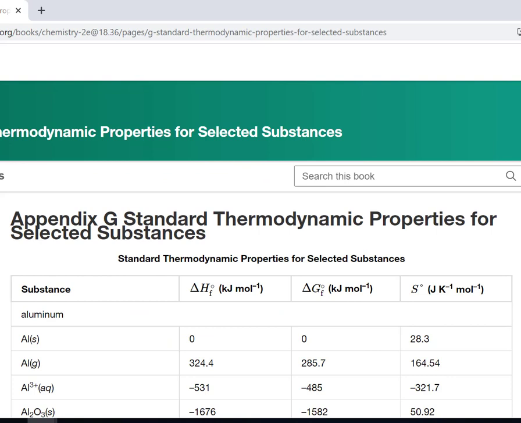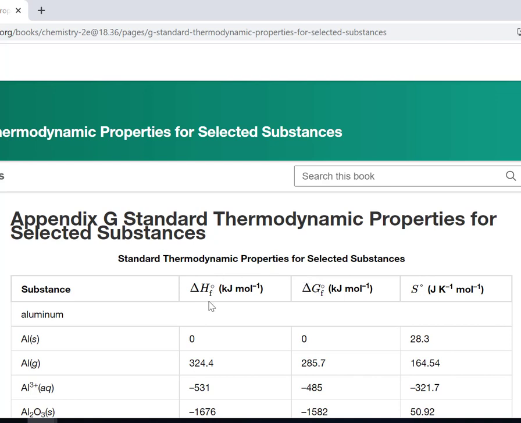There's a lot of information, and we're not using it all this semester. We're only using the first column, delta H of formation at standard state. What is delta G? What is S? We don't care right now. We'll care next semester if you come back next semester. But we care about the first column.